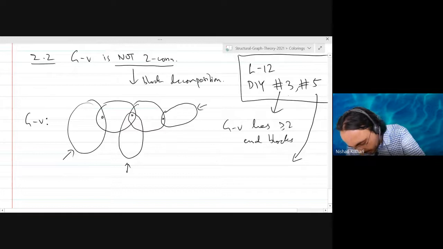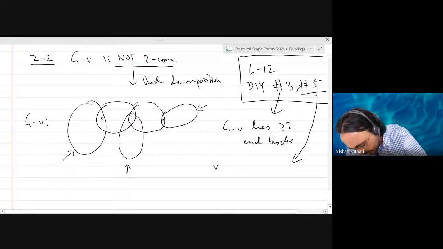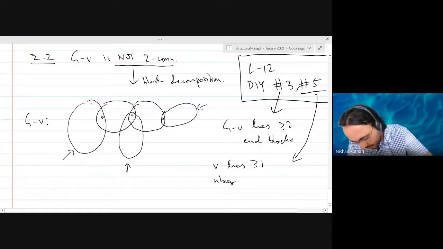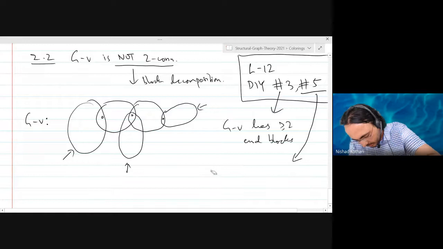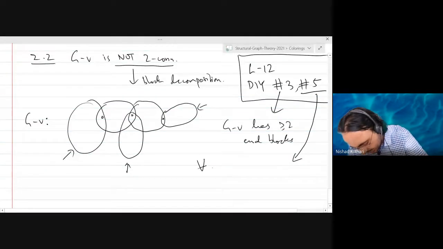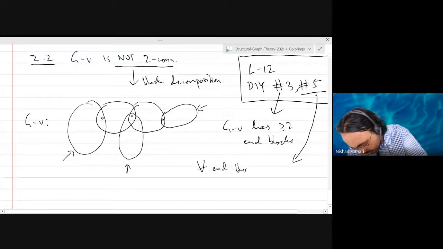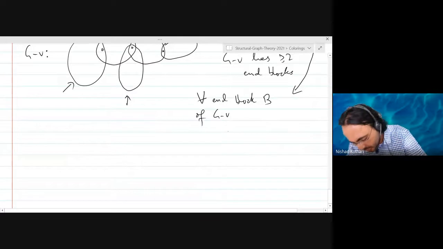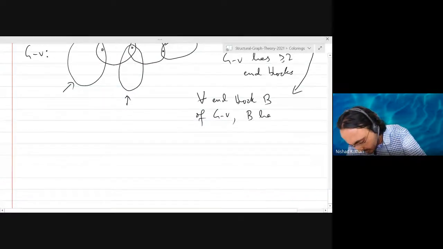Actually, let me write it differently. For each end block B of G minus V, B has an internal vertex.